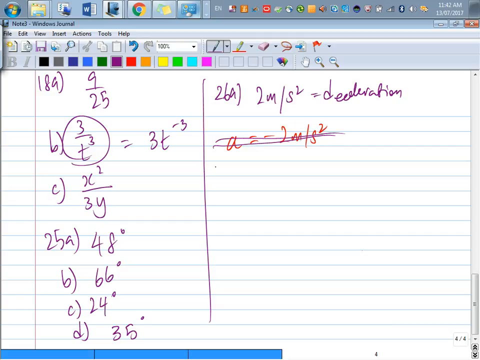Then part B, 20 meters per second. Part C, 600. Part D, 40.